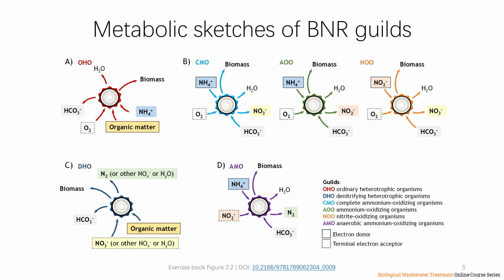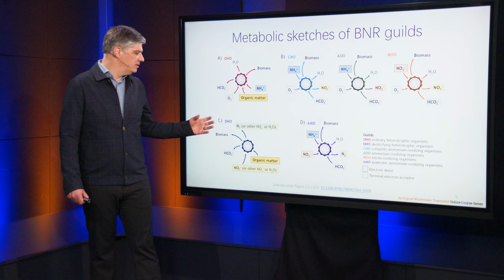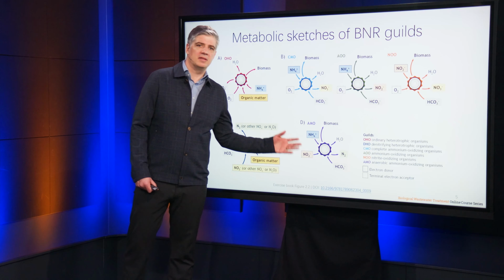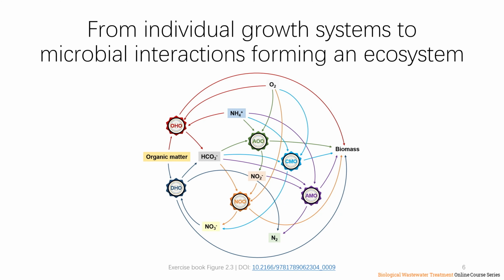Here you can find the metabolic sketches of most of the BNR guilds: heterotrophs, nitrifiers, including the Comamox, denitrifiers, and anamox organisms. I then connected the individual metabolic sketches to reconstitute stepwise a conceptual ecosystem model for this theoretical biomass.